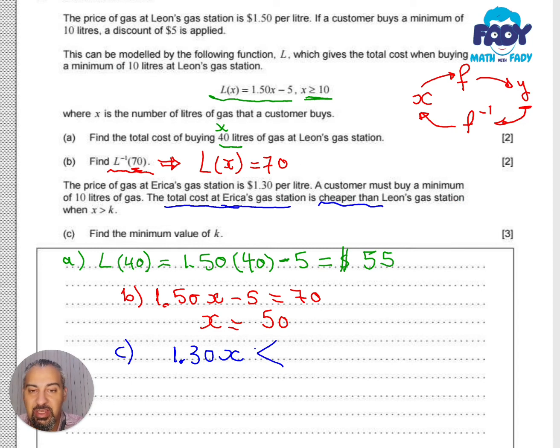So Lane's gas station, we know it's 1.50x minus 5. So 1.30x will be less than 1.50x minus 5, when x is more than k.